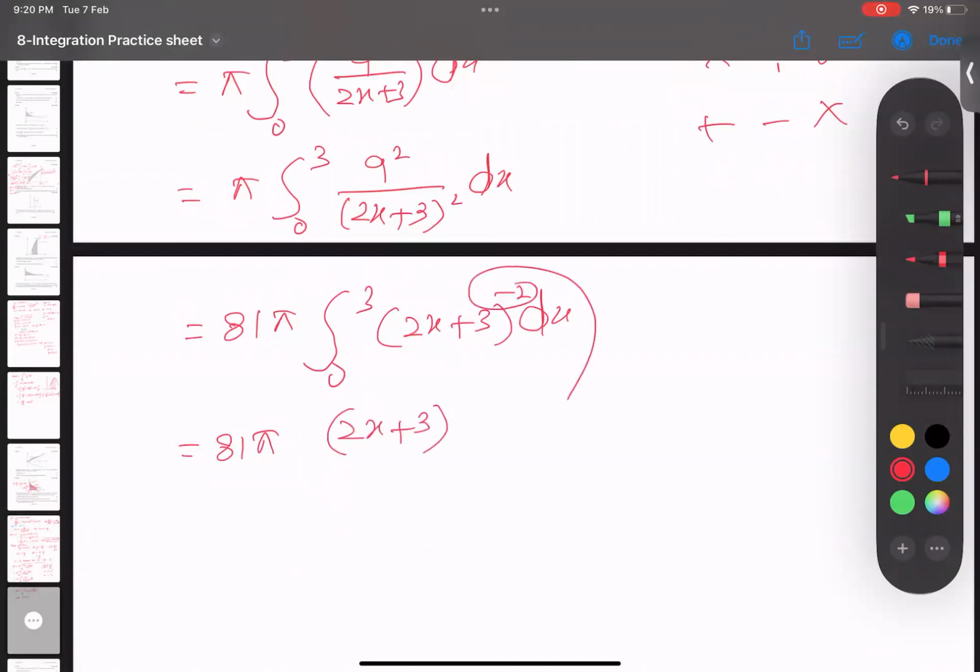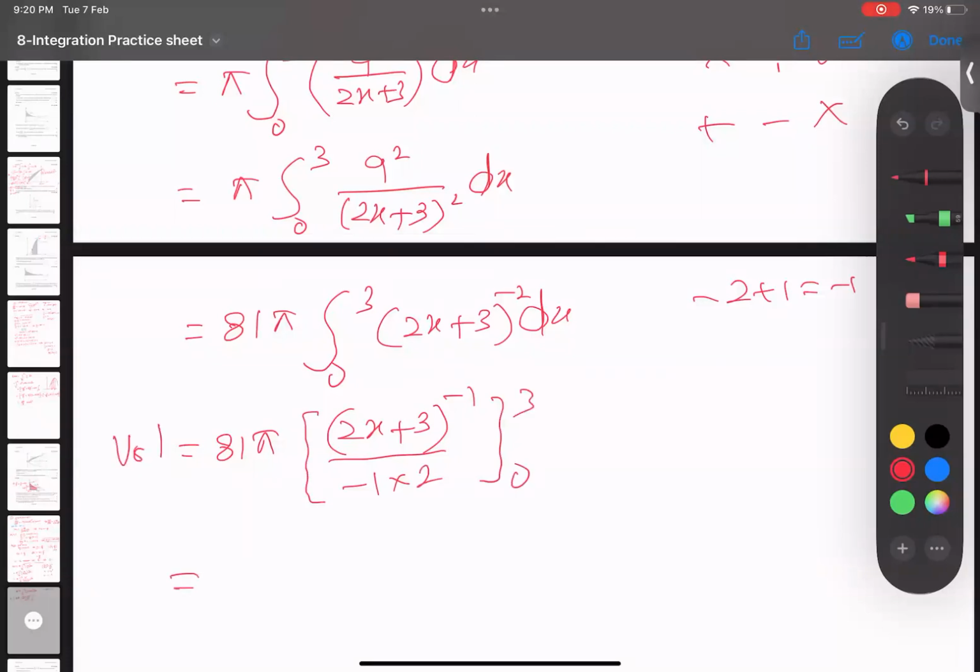In -2, if I add 1, I get -1. So -1 up, -1 down, but we're missing one thing. What is that? Base differentiation. The derivative of 3 is 0 and the derivative of 2x becomes 2. So this 2, please don't miss it. And the 0 to 3 limit. So I am close to my answer.